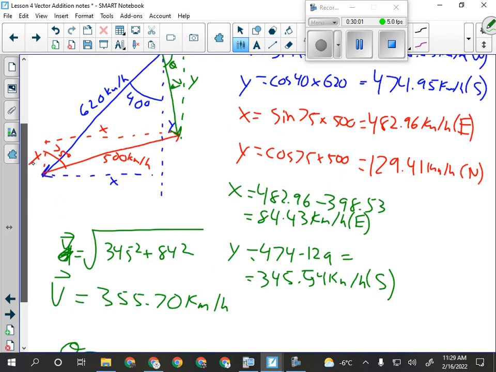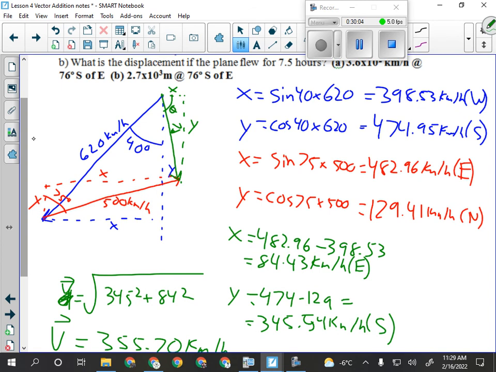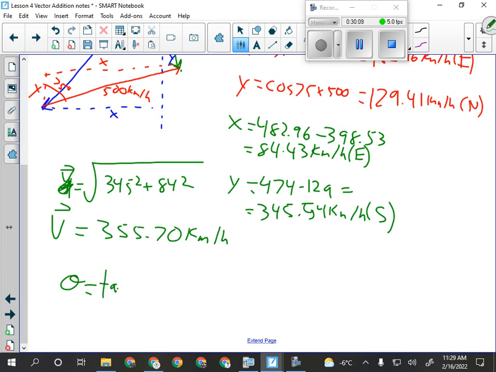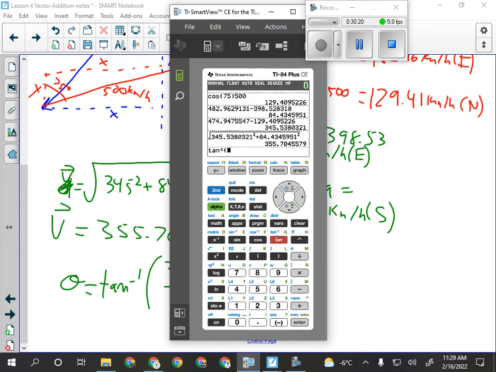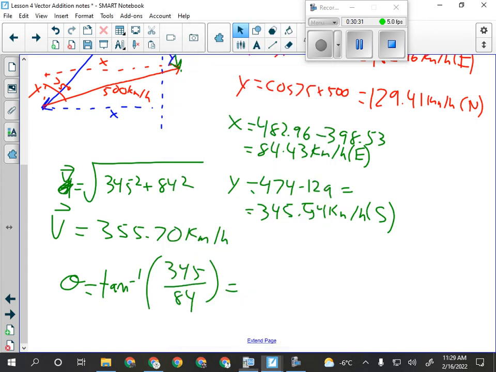The way I drew this triangle, if I wanna find theta, y is my opposite side, x is my adjacent side. So tan to the -1 of 345 divided by 84. So we're looking at 76.27 degrees. And that will be for my diagram south of east.